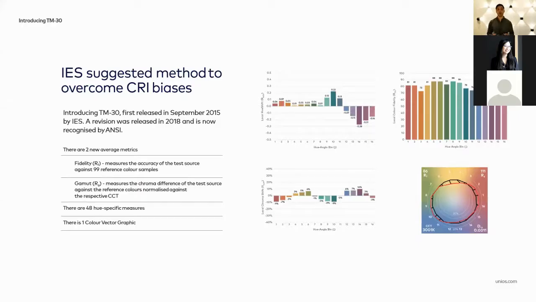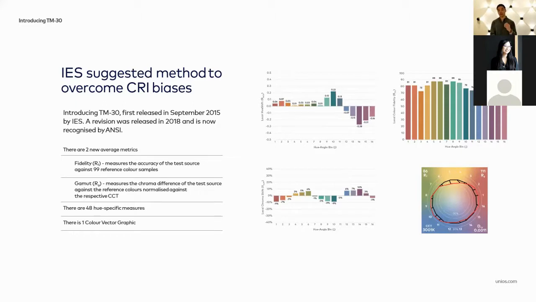So TM30 was first released by IES in 2015, but it was revised in 2018 and it was officially recognized by ANSI. And if you disconnect from this webinar today, remember two things about TM30, remember these two words: Fidelity and Gamut.